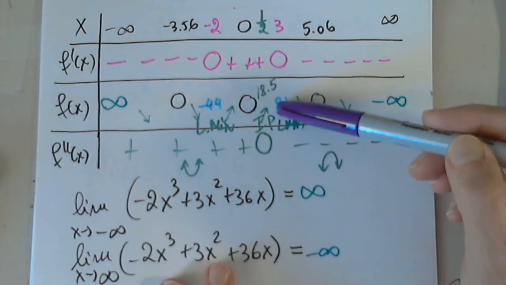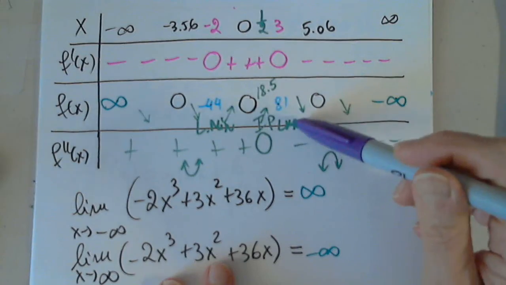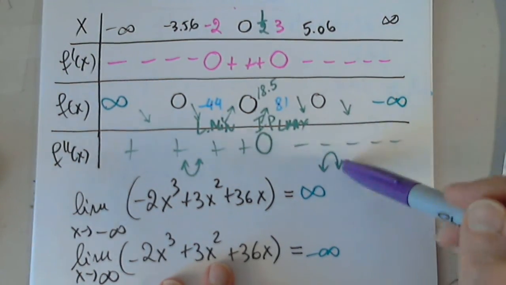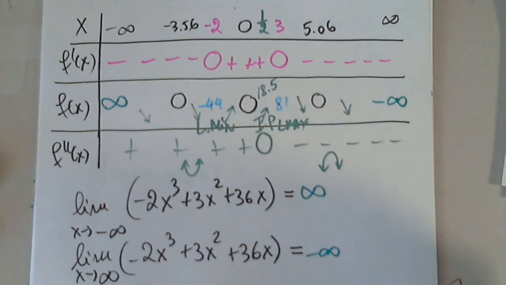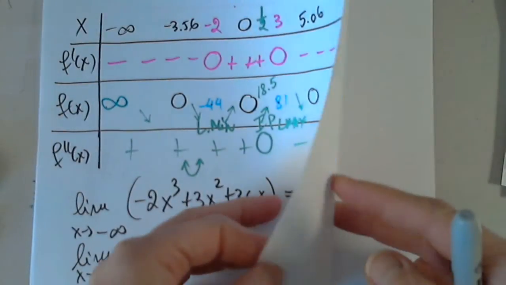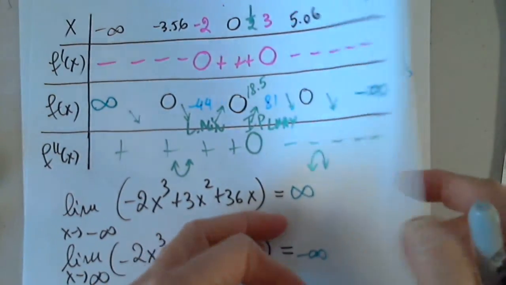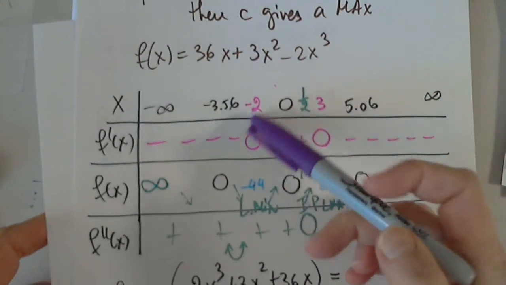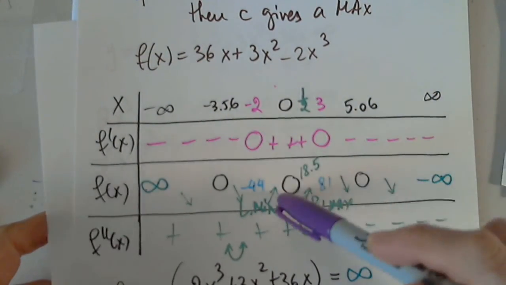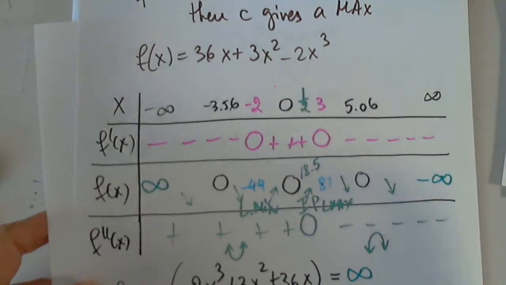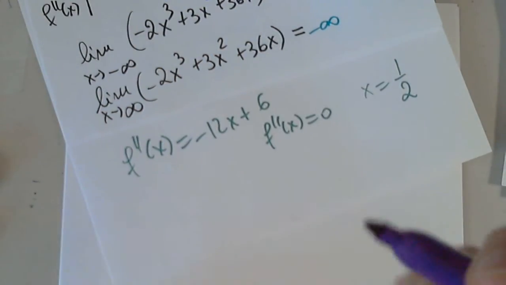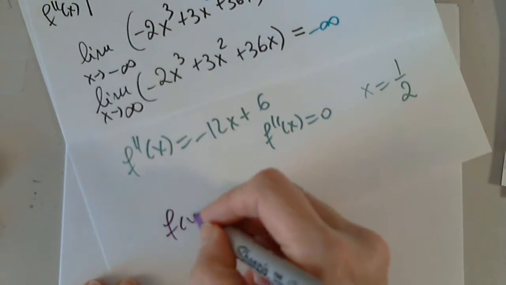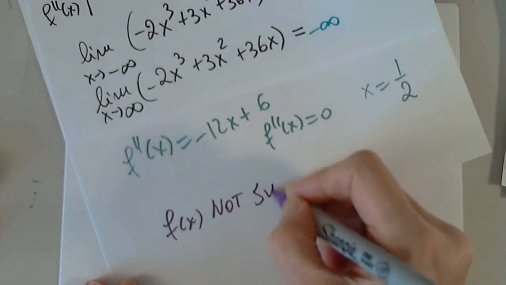At 3 is a critical number. Obviously, it has to be a local max because the function looks like this. Good. The only thing that does not fit in my table is symmetry, but this function cannot be symmetric. If it crosses at this and crosses at this and crosses at 5, there is no symmetry here. But I have to write it because I have to show that I checked. F of x, not symmetric.